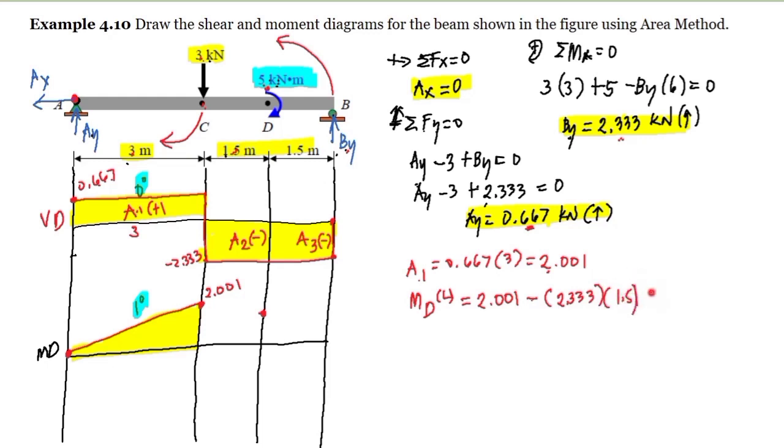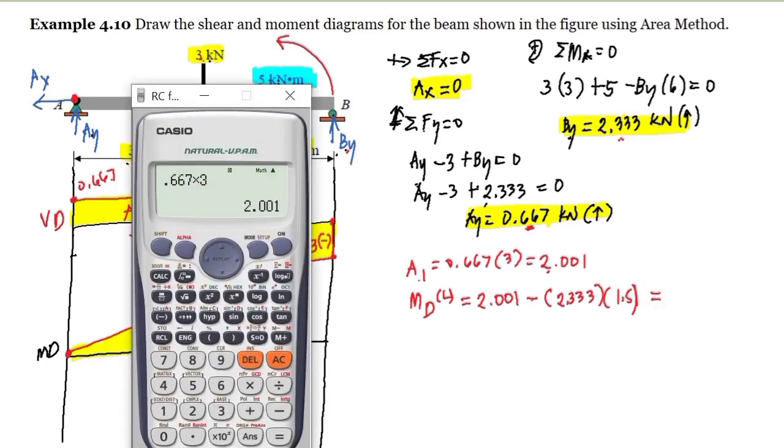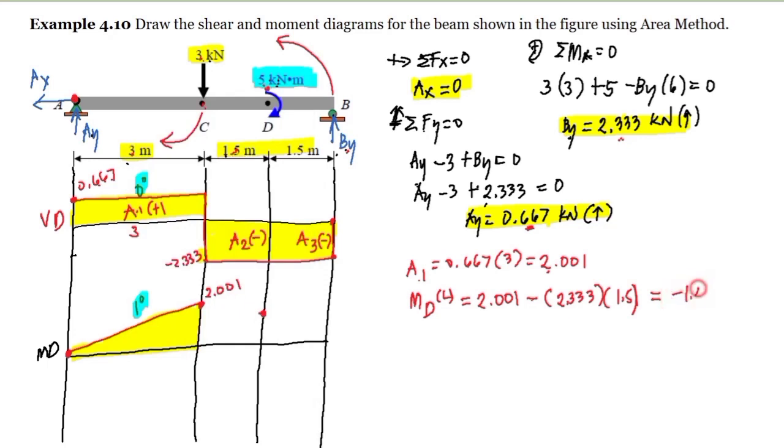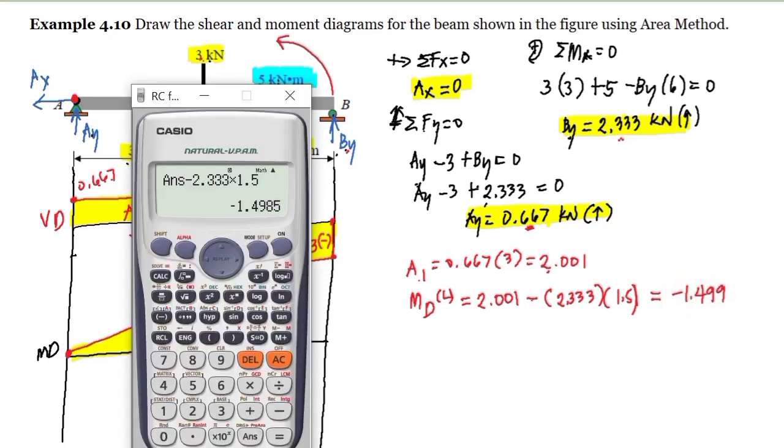And I have here minus 2.333 times 1.5. And that is equal to negative 1.499. So, this is negative 1.499. Okay?